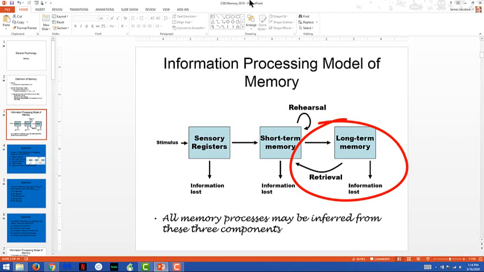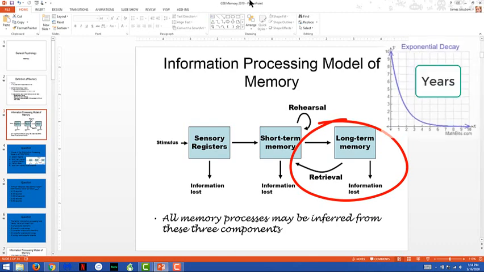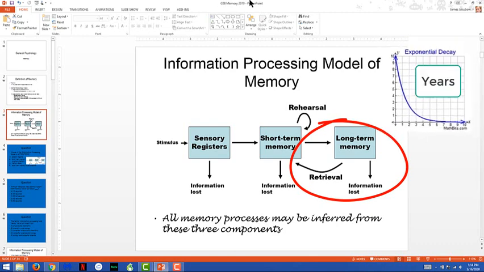Short-term memory has memory decay on the order of about 30 seconds, 30 to 60 seconds, right? It's a curvilinear function, so we don't actually have a clear cutoff point for it. And then long-term memory, that could be around for the rest of your life, right? It'll operate on the order of days, months, years, decades, essentially the rest of your life.